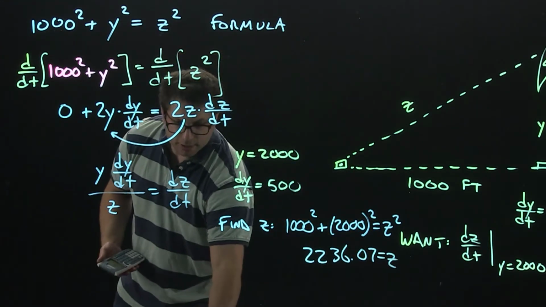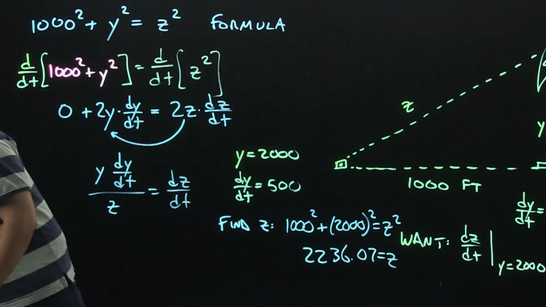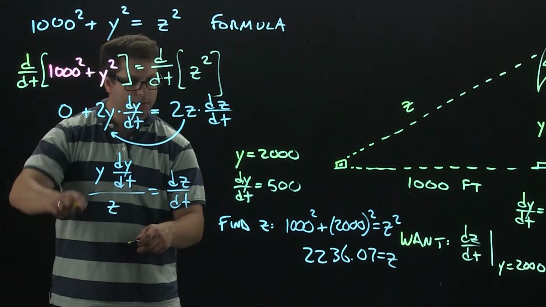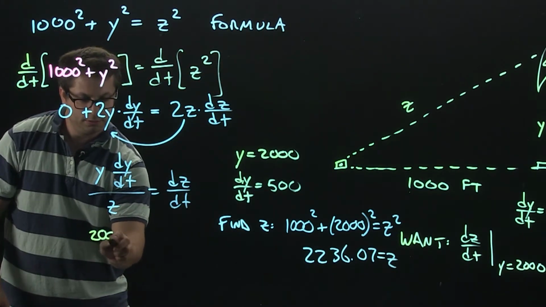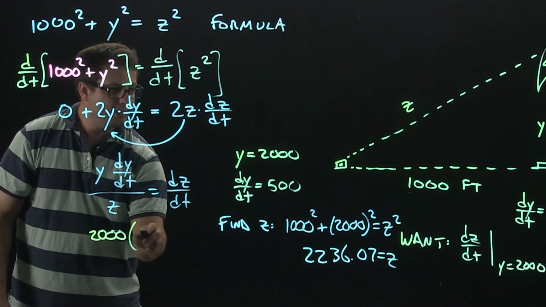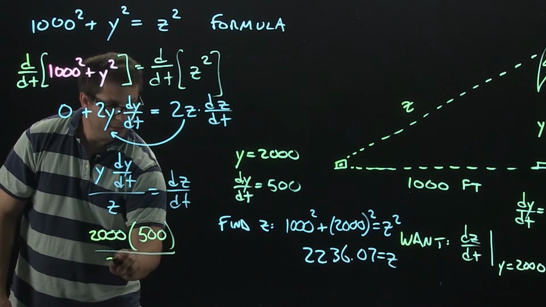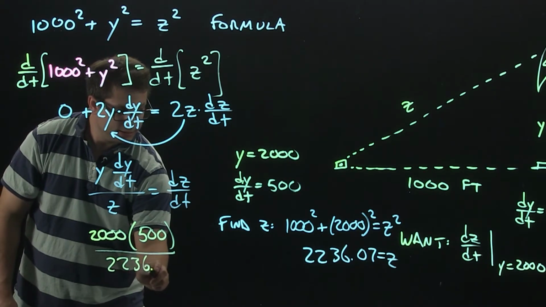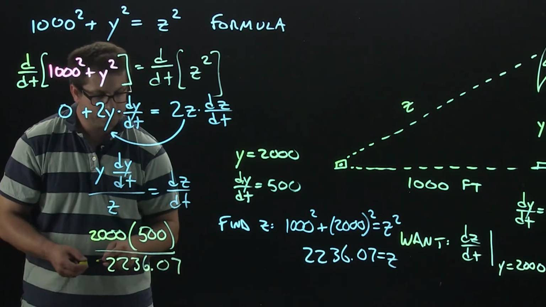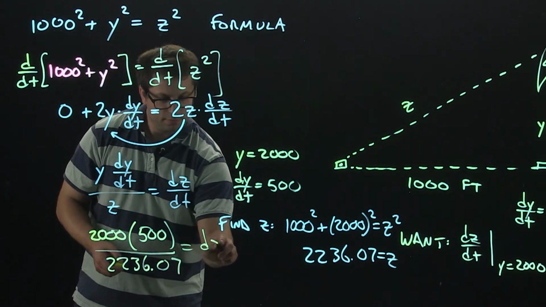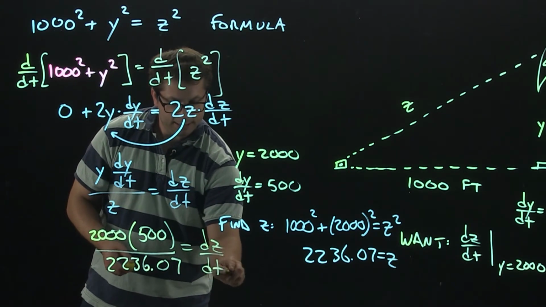So let's go ahead and plug that in now. y is 2,000, dy/dt is 500, and z is going to be 2,236.07. So that's our dz/dt.